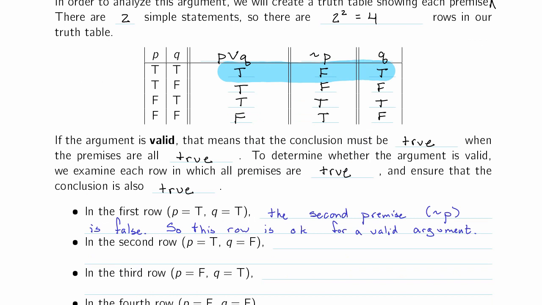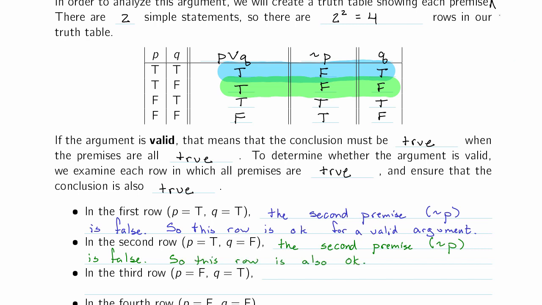Okay, looking at the next row of the truth table, where P is true and Q is false, well, we see again that the second premise is false. So when at least one of the premises are false, the conclusion can do whatever. So this row again, it's okay for a valid argument.